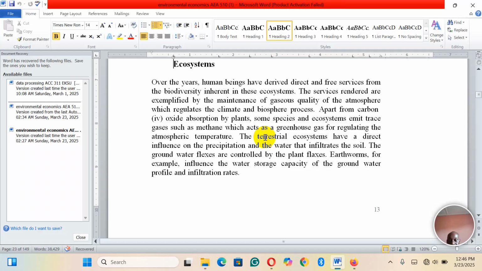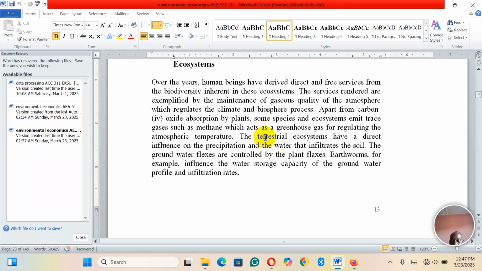Apart from carbon dioxide absorption by plants, some other species and ecosystems also emit trace gases such as methane, which acts as a greenhouse gas for regulating the atmospheric temperature.